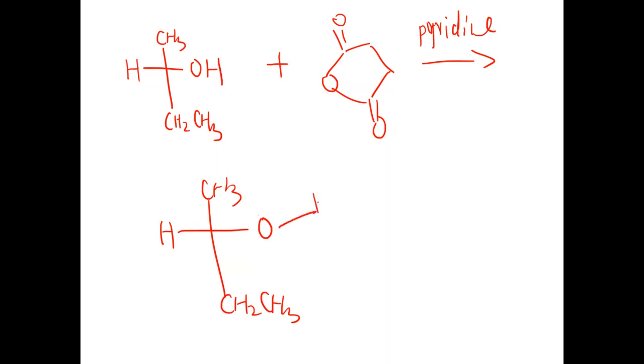Then this oxygen will be connected to one of the carbonyl carbons in the anhydride, and then the other carbonyl group in the anhydride will exist in the form of carboxylic acid. Because it is a cyclic one, the molecule will have the carbonyl connected to the ester, and that gives you the product.